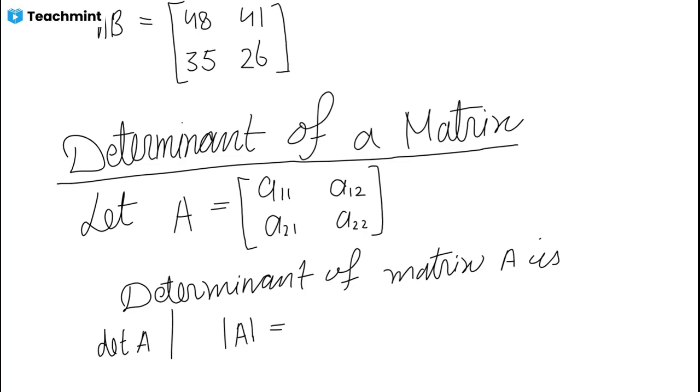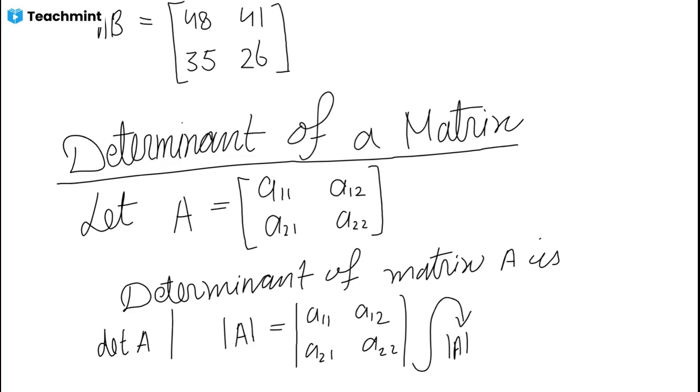First of all, we'll write these elements in this form, in this bracket, and just multiply diagonal elements first, then take negative sign, then multiply the other diagonal elements. What it means?